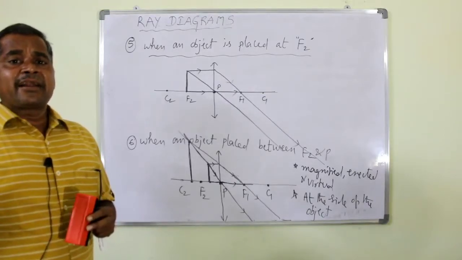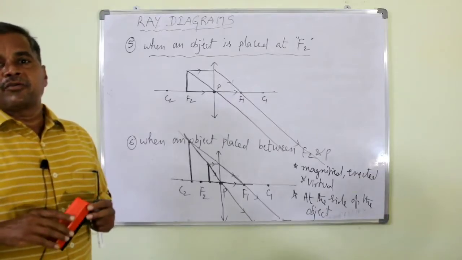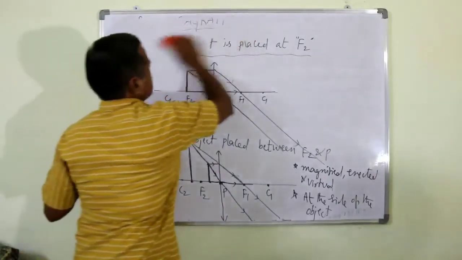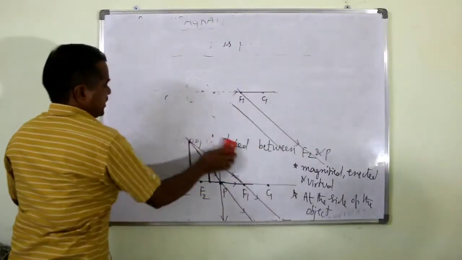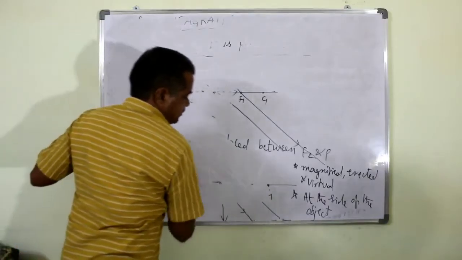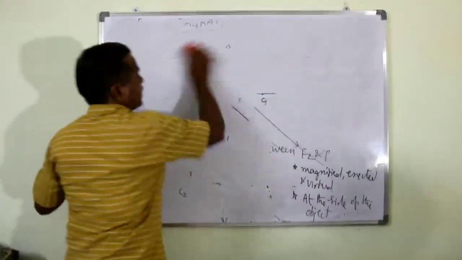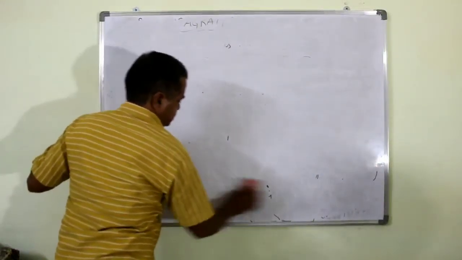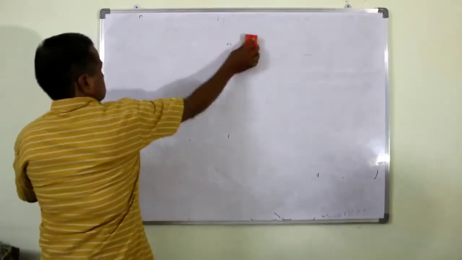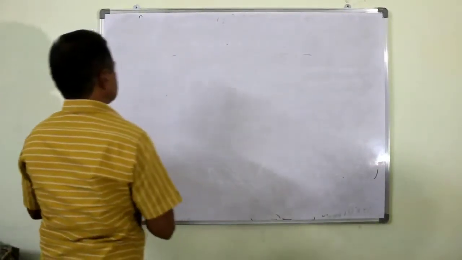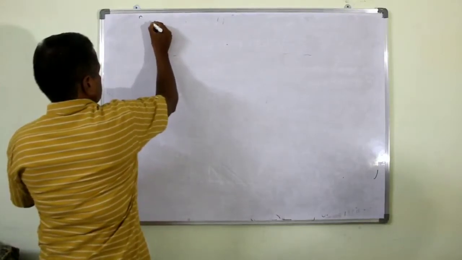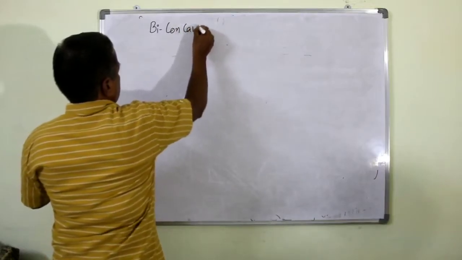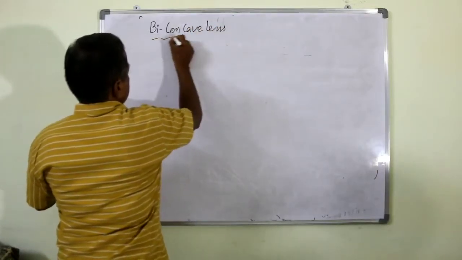But when an object is placed in front of a biconcave lens, what happens? By using one ray diagram, we can study the image when an object is placed in front of a biconcave lens.